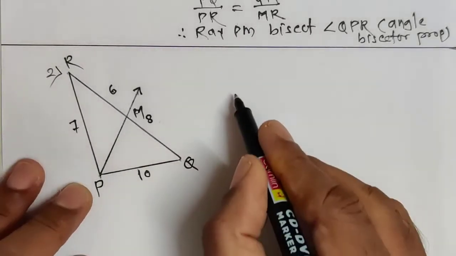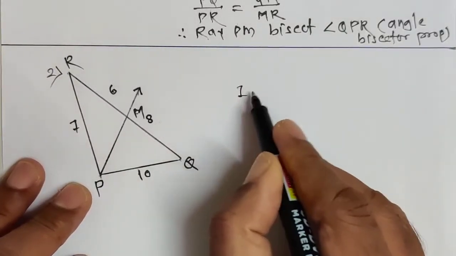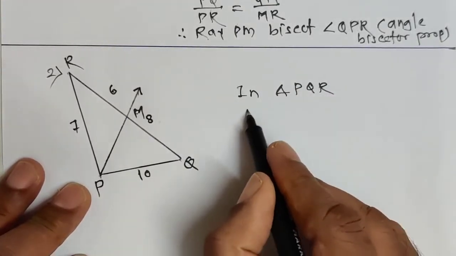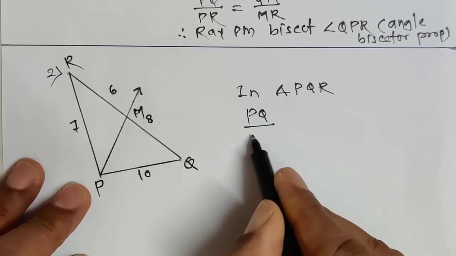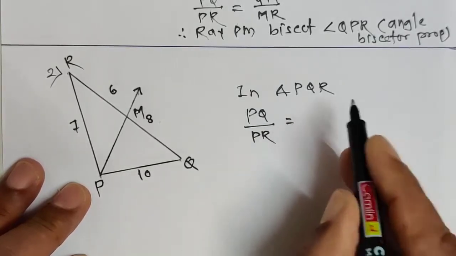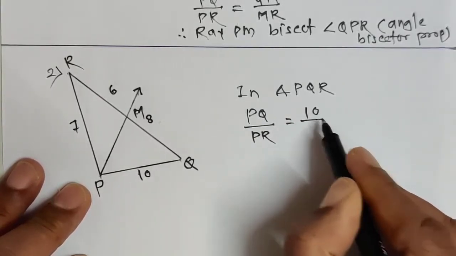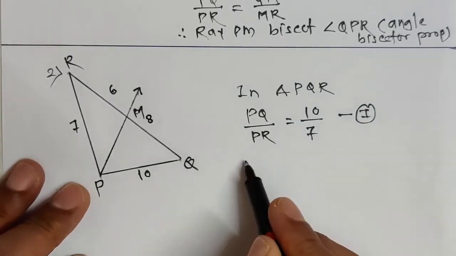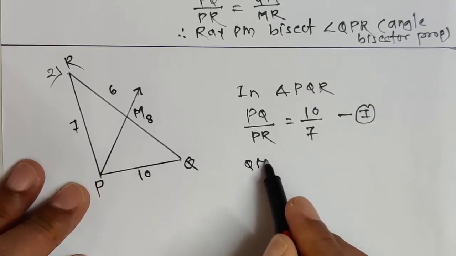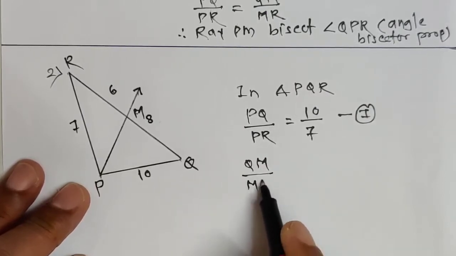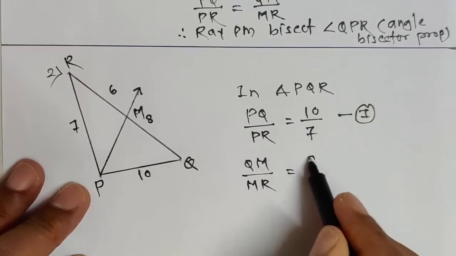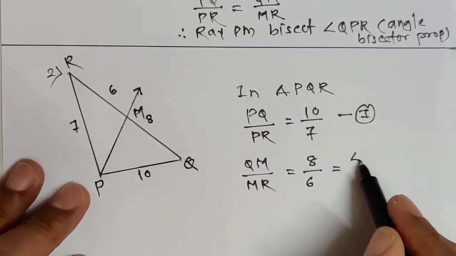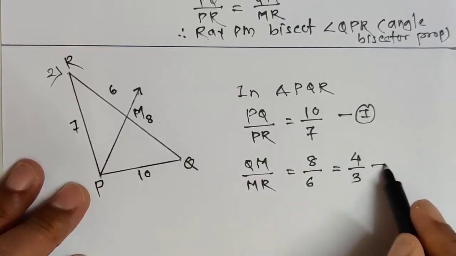So first find the ratio in triangle PQR. This first ratio PQ by PR is equal to 10 divided by 7. This is statement number 1. And second ratio QM upon MR is equal to 8 upon 6, which is 4 by 3.